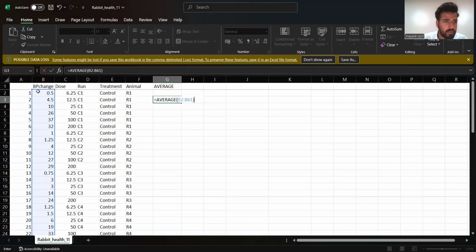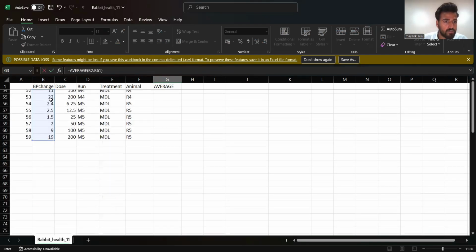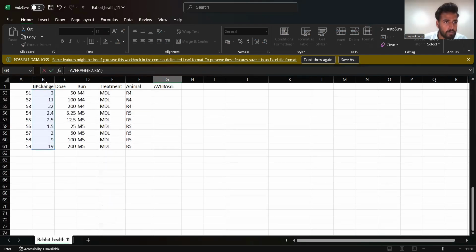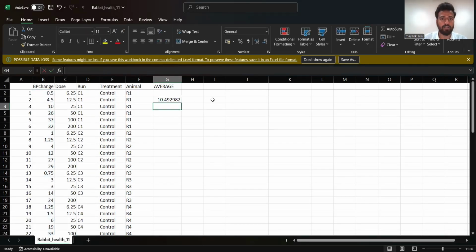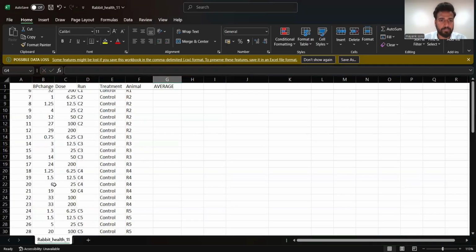It means I'm selecting starting from B2 to B62, and enter. So 10.492982 is the average of the BP change column. This is how much the blood pressure changed across all the cases.